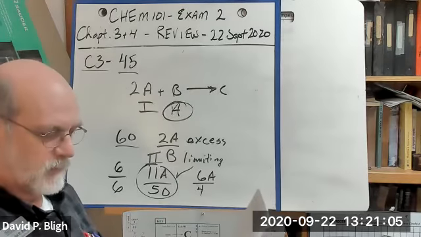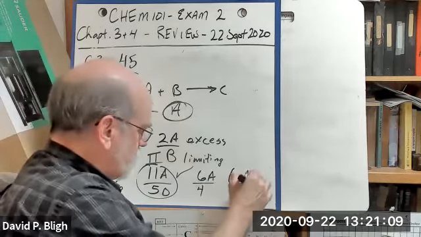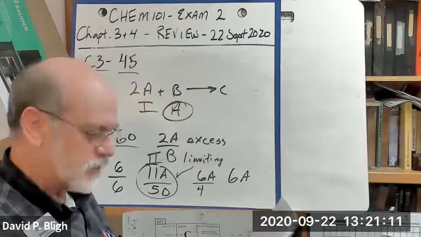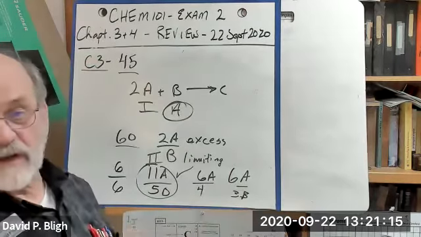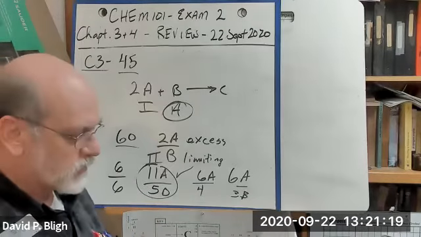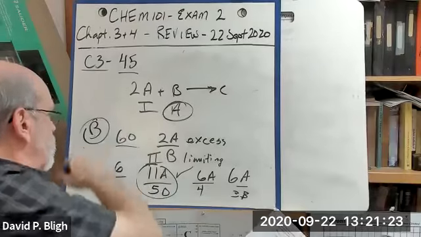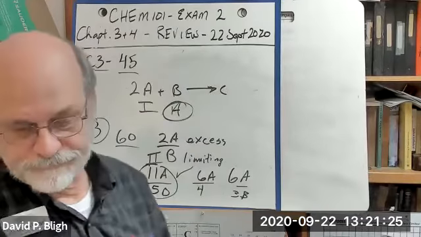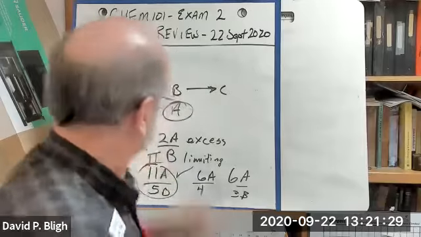How about 4? 1, 2, 3, 4, 5, 6 A's, and 1, 2, 3 B's. That's stoichiometric, exactly 2 to 1. That doesn't work either. So Roman numeral 2, which is B, answer 60. Okay? Does that give anybody trouble?